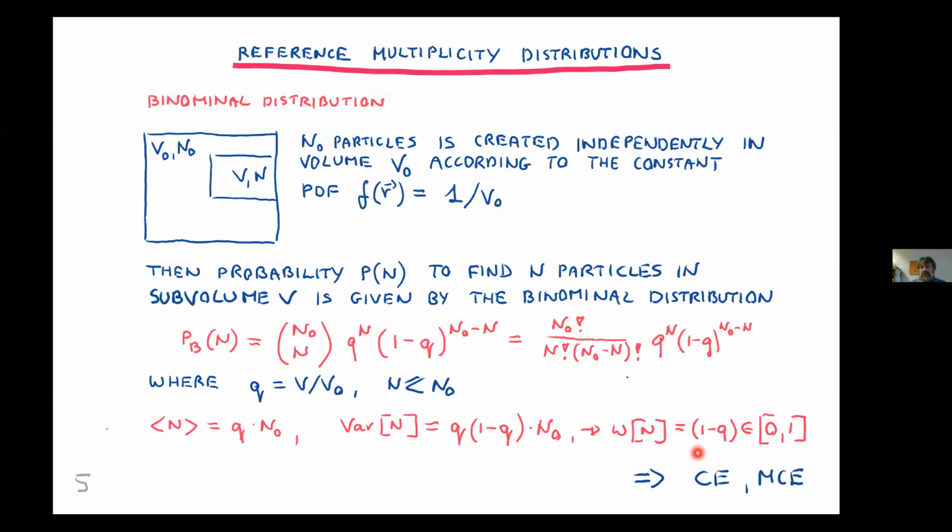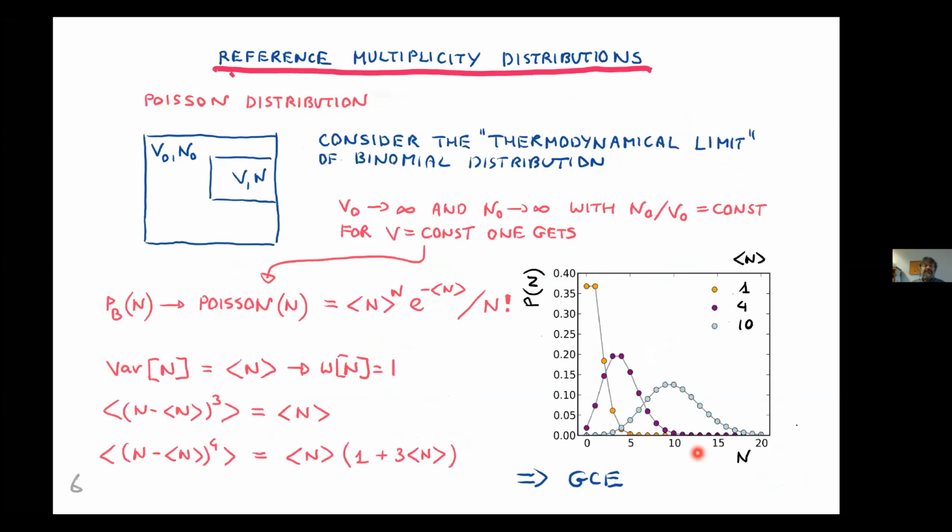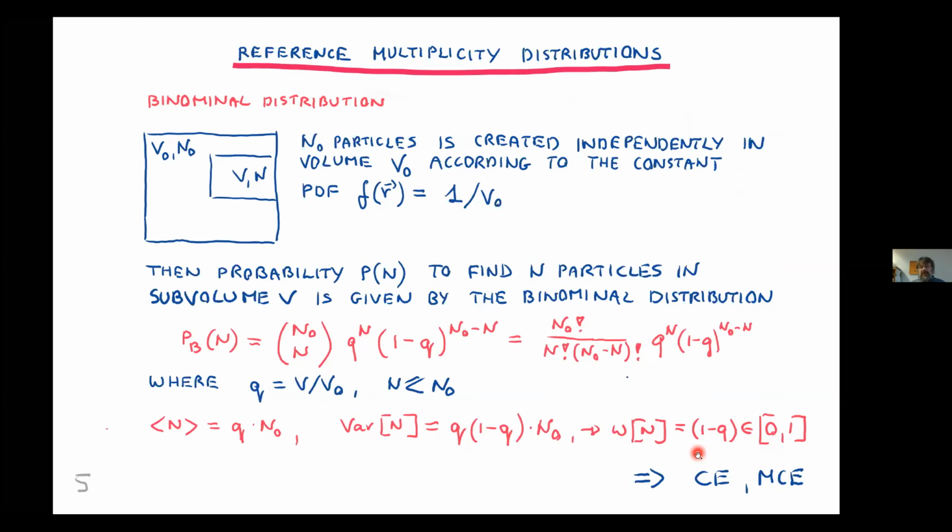The second limit: maybe I still comment on this binomial distribution, which would later, in a few minutes, lead us to the prediction of multiplicity fluctuation in canonical and microcanonical ensembles, a bit less trivial. Actually, we will impose conservation laws here, that n0 is constant and doesn't change from event to event.